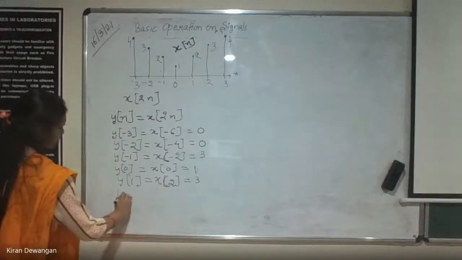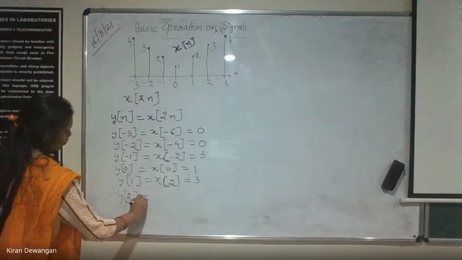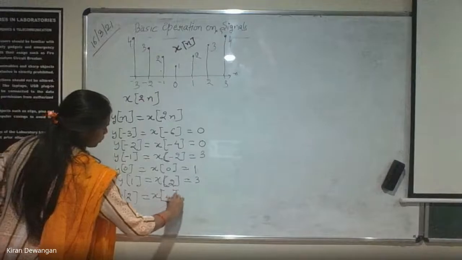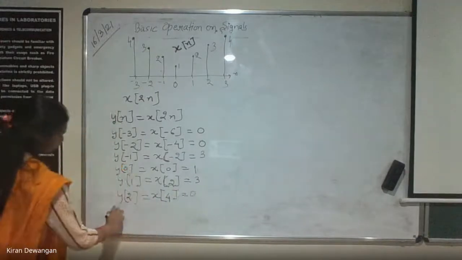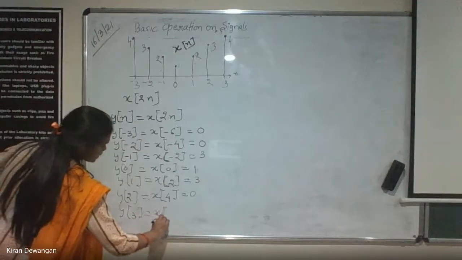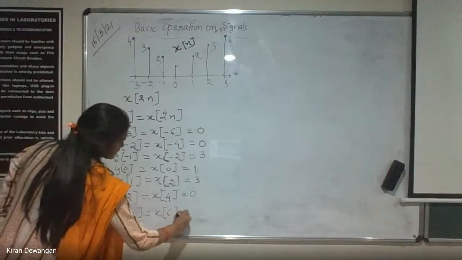Then y of 2 becomes x of 4, which is 0. Y of 3 is x of 6, this is again 0.